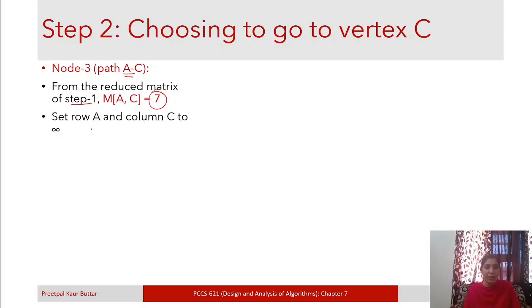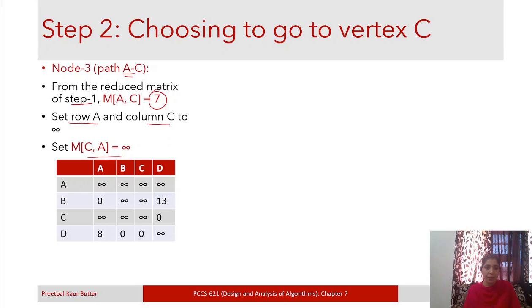And then we will set row A and column C to infinity, and we will also set M C comma A to infinity, right? So after setting these things to infinity, like we have set row A and column C, this should also have been infinity, right? And this is also infinity. Rest of the values are the same.